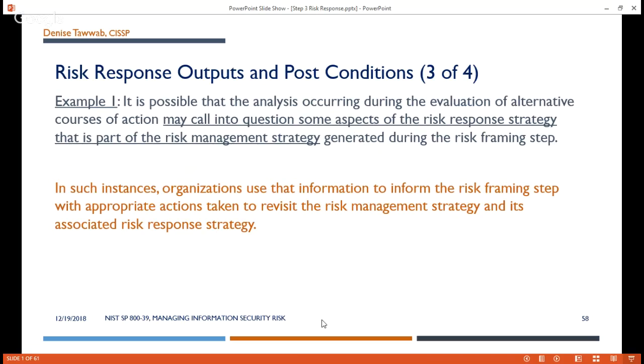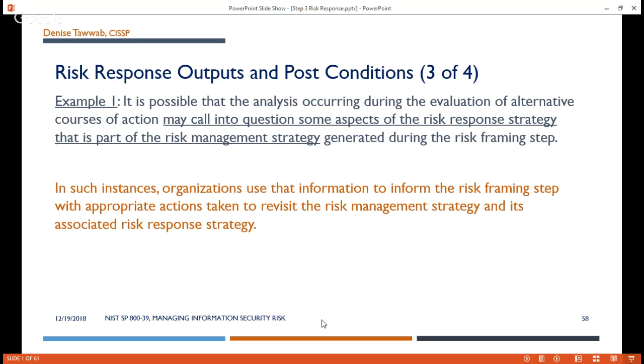Here's an example. It is possible that the analysis occurring during the evaluation of alternatives course of action may call into question some aspects of the risk response strategy that is part of the risk management strategy generated during the risk framing step. Let me say that again.